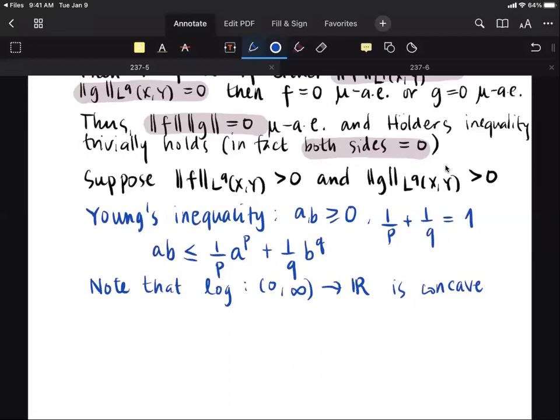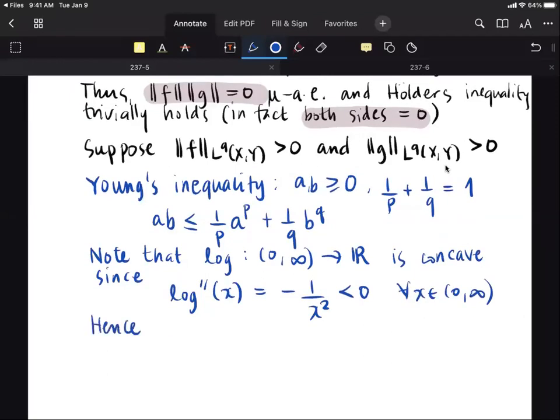Since if you take, let's say, the second derivative of the log, this is equal to negative 1 over x squared. This is negative for any x in your domain.